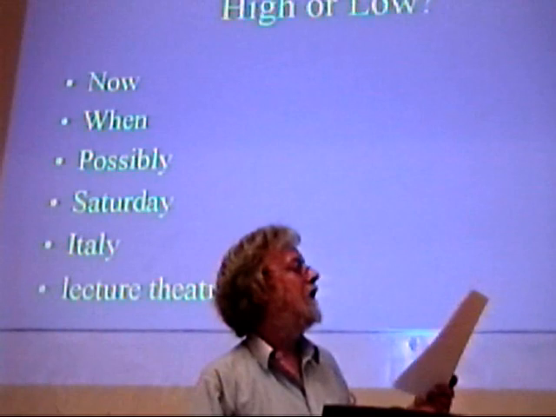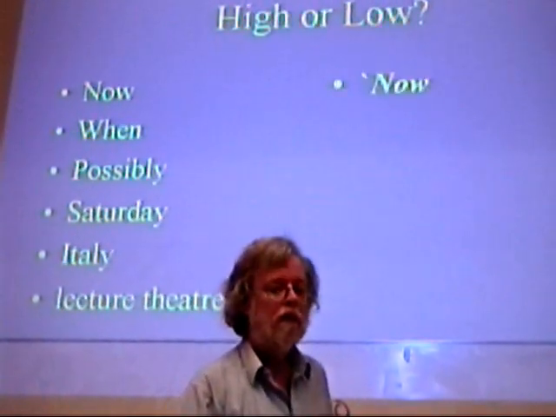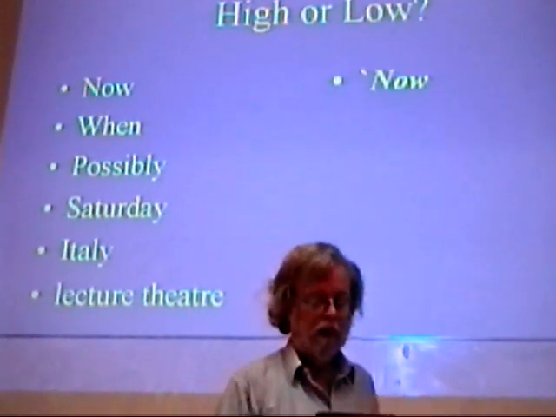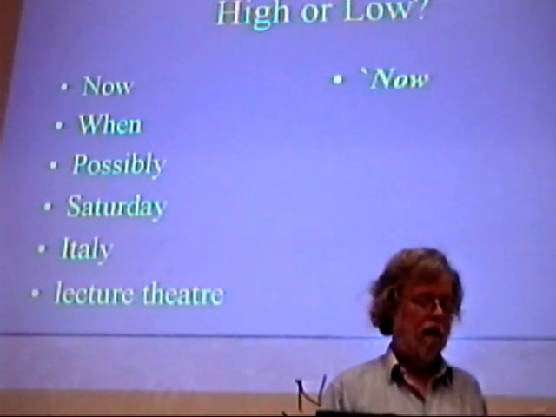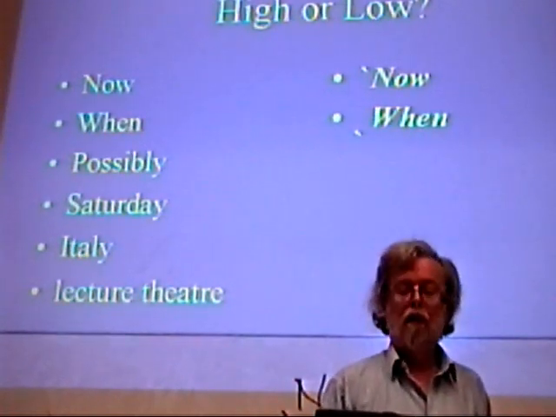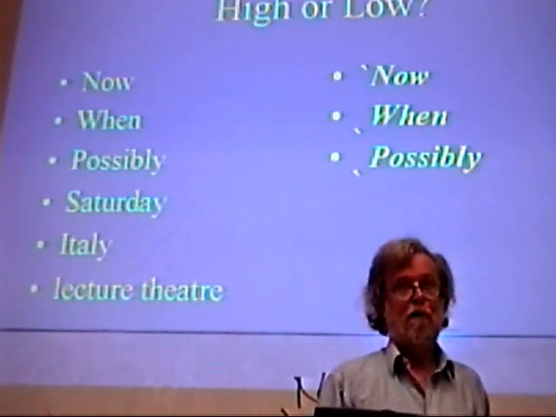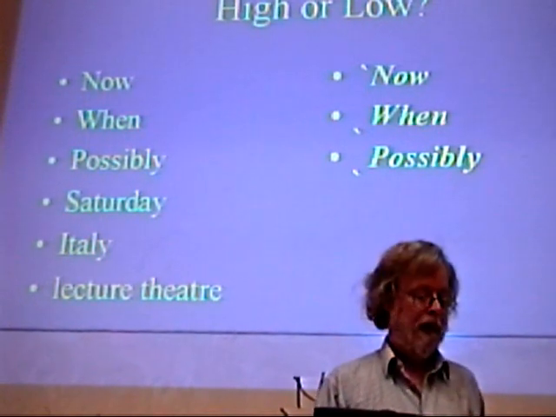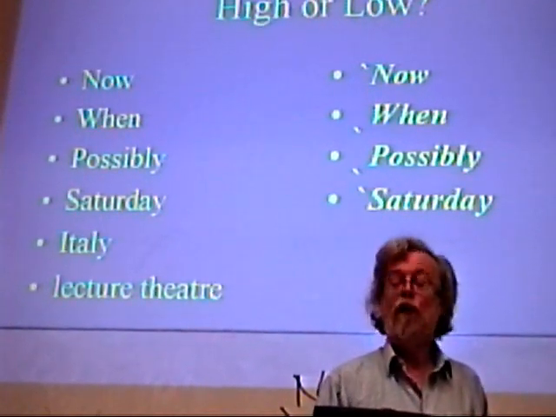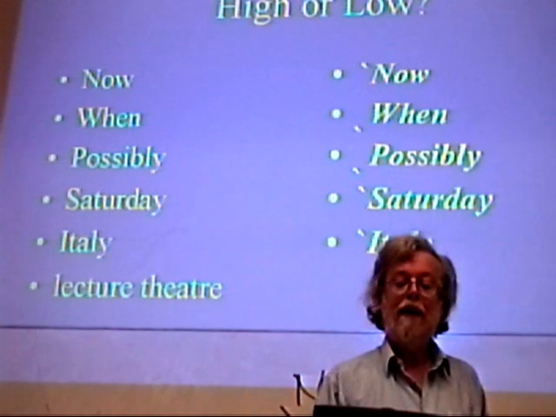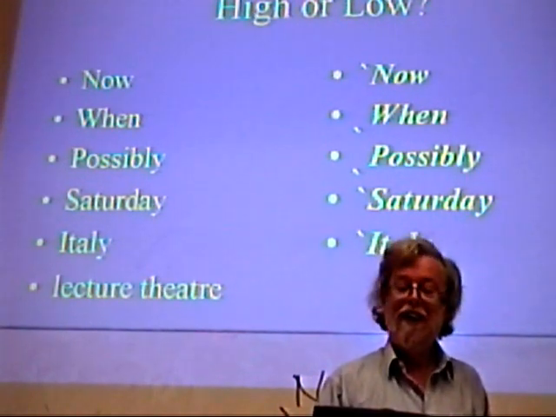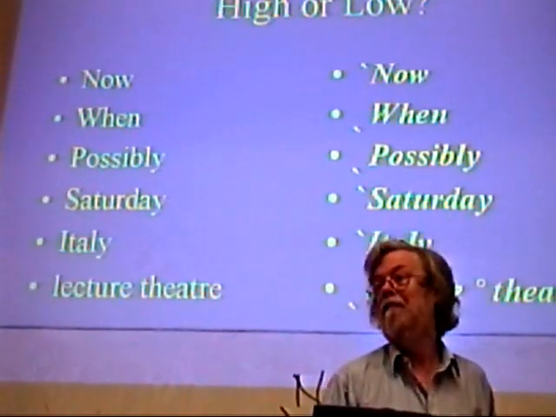I said, now. High fall. Yeah? Then I said, when? Low fall. Then I said, possibly, low fall. Then I said, Saturday, high fall. Then I said, Italy, high fall. And finally, I said, lecture theatre, low fall.